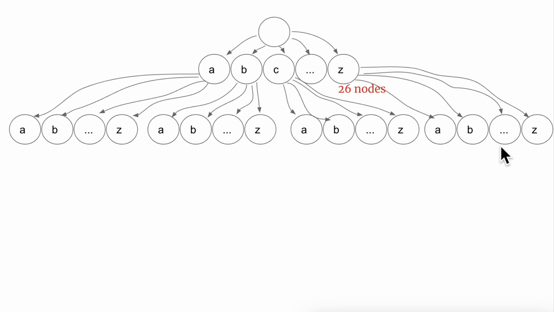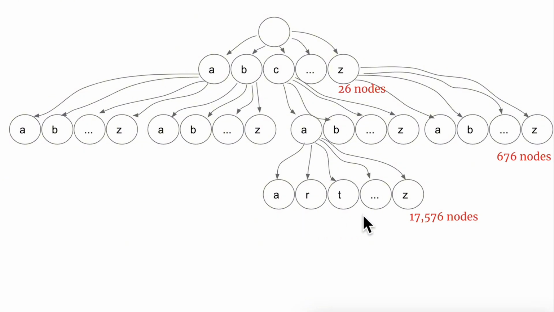This is because each node from the previous level, like A, has 26 child nodes. Therefore, we can calculate the total number of nodes at this level. So it should be 26 nodes multiplied by 26 child nodes. Yes, the total is 676 nodes in this whole level.